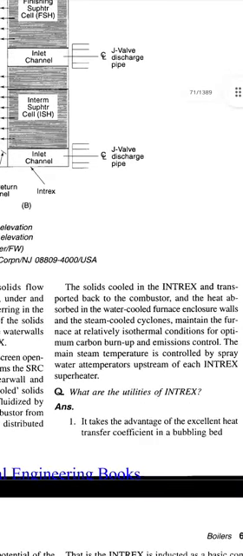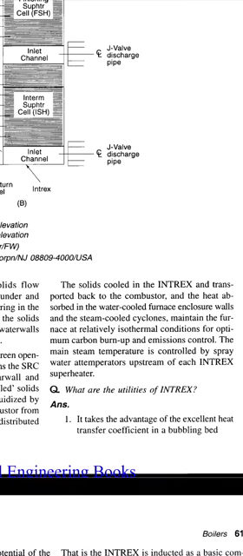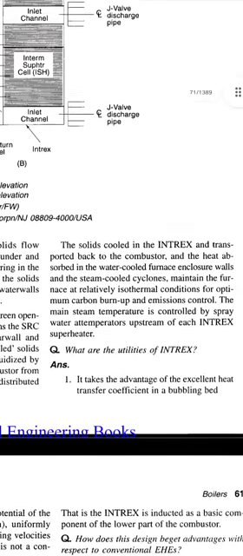The solids cooled in the Intrex and transported back to the combustor, and the heat absorbed in the water cooled furnace enclosure walls and the steam cooled cyclones, maintain the furnace at relatively isothermal conditions for optimum carbon burnup and emission control. The main steam temperature is controlled by spray water attemperators upstream of the Intrex superheater.